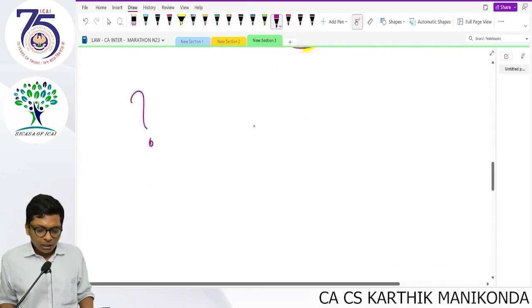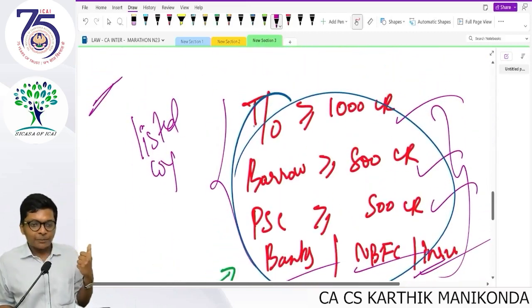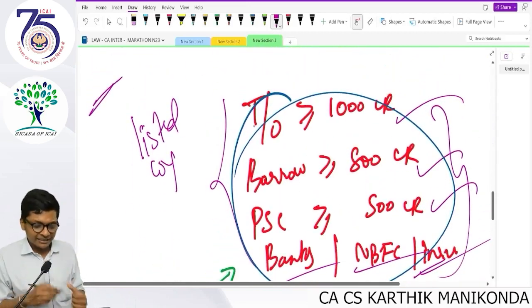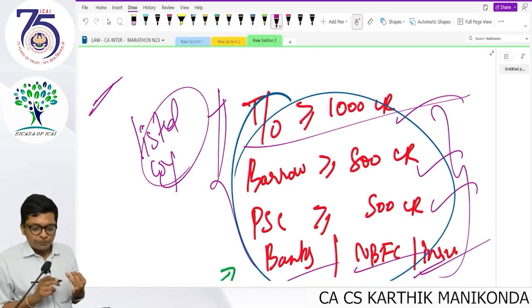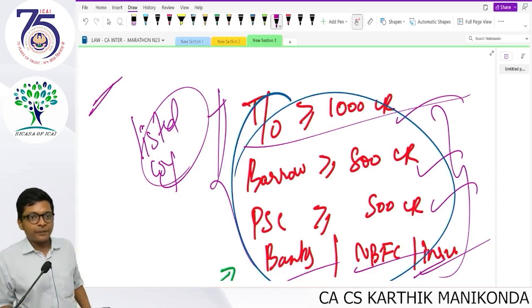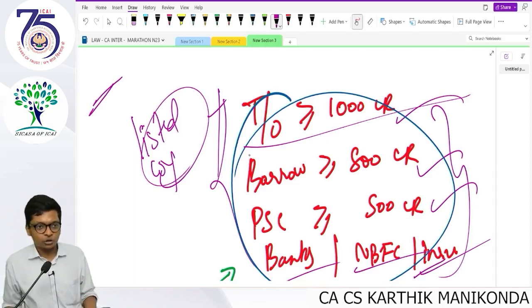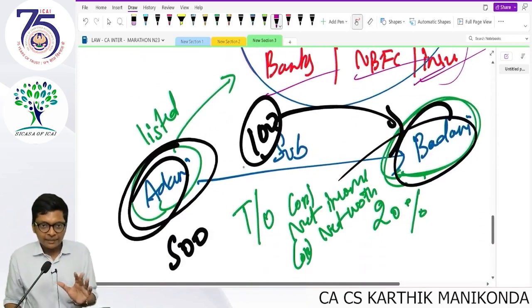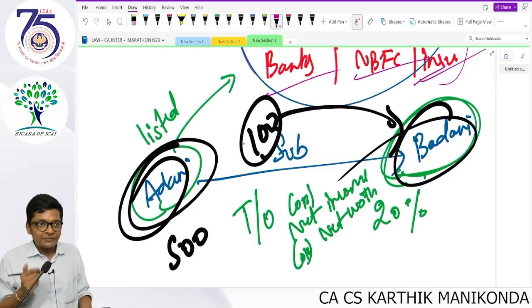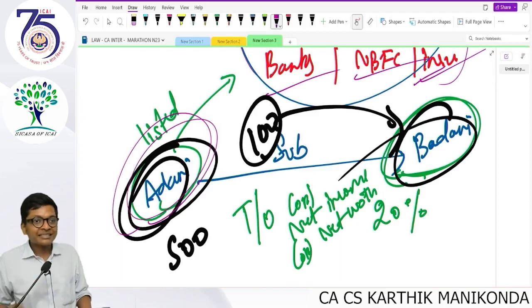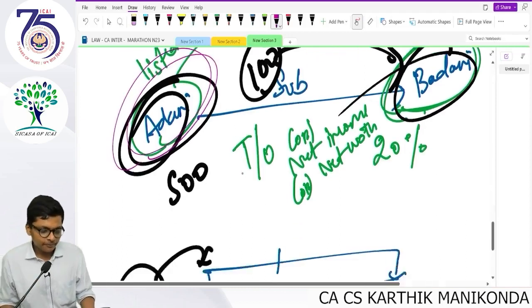Okay. What they are doing is overseeing all these big companies: listed, plus turnover more than 1,000 crores, borrowing more than 500, paid up share capital more than 500, banks, NBFC, insurance, or any other company which accounts for 20% of income, basically a foreign subsidiary. I will oversee them.